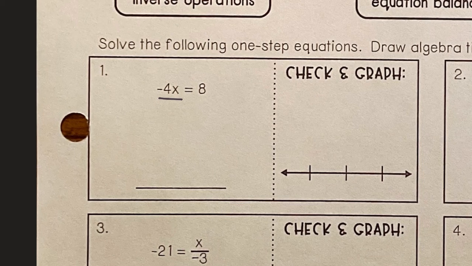Right now it's being multiplied with the x, so to undo multiplication, we're going to divide by the very same number, negative 4. The reason that this works is because negative 4 over negative 4 is 1. So that cancels out basically, making that 1x or just x.